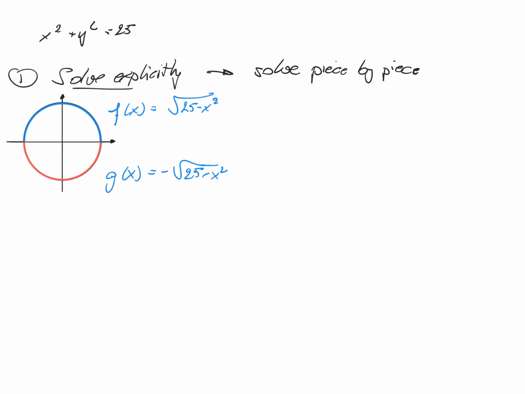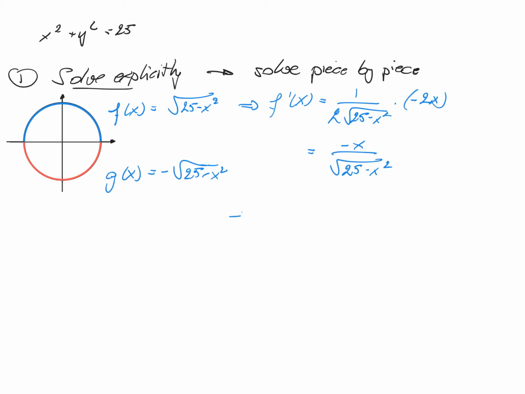We start with the derivative of f, so f prime. F prime of x is 1 divided by 2 times the root of 25 minus x squared, times the derivative of the function inside the root. The derivative of 25 minus x squared is minus 2x. So my derivative here is minus x divided by the root of 25 minus x squared.